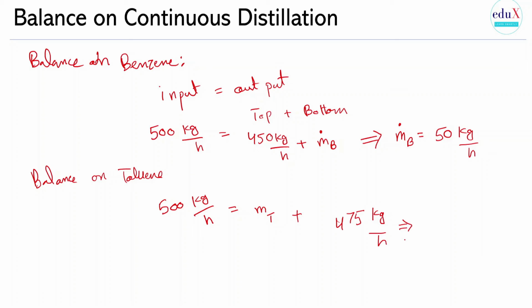If you solve this equation, the mass flow rate of toluene in the top stream will be 25 kg per hour.